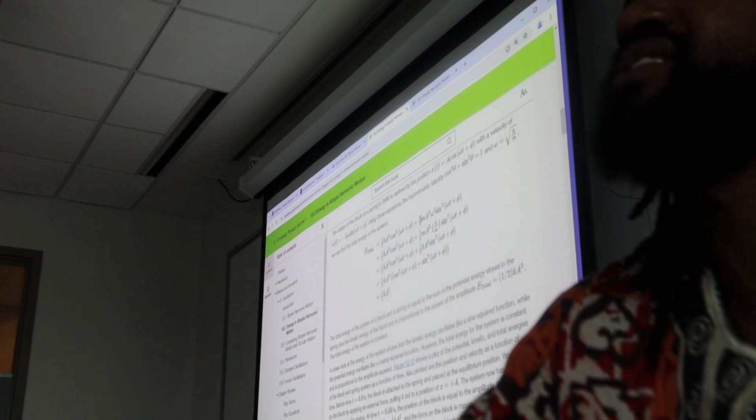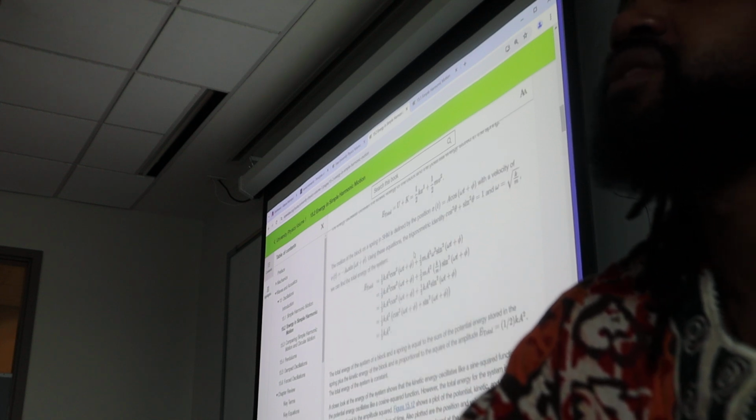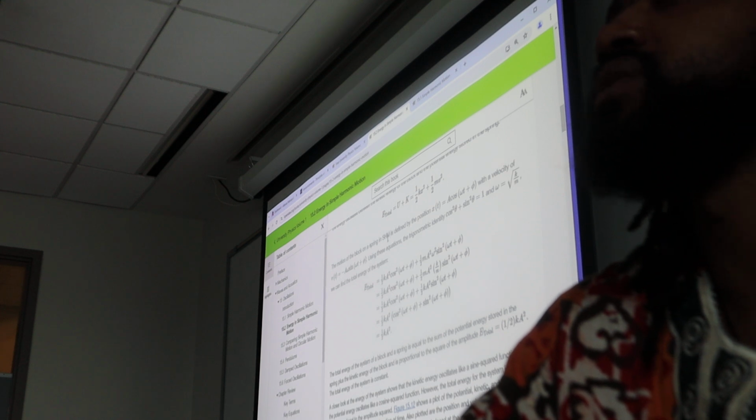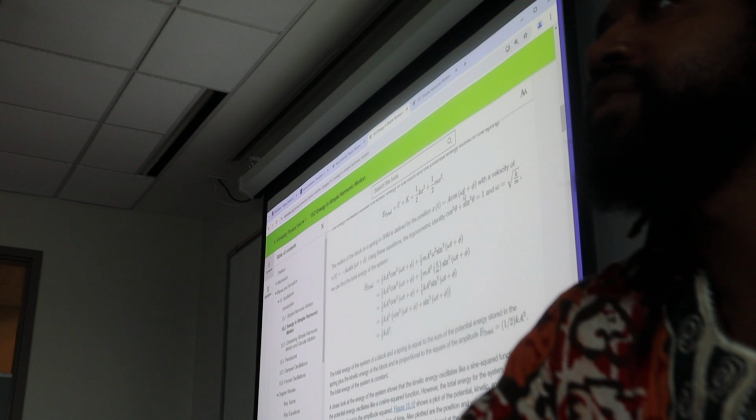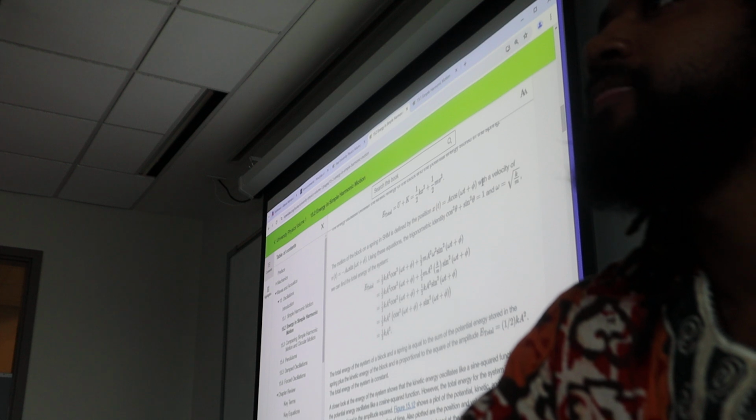It's more so a derivation, just deriving to that point. The motion is defined by the position A cosine omega t plus phi.